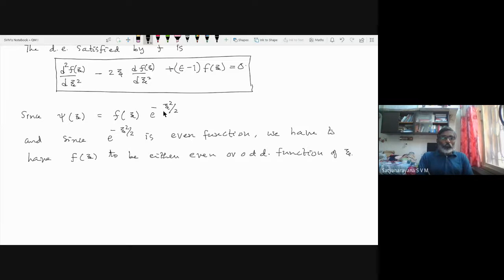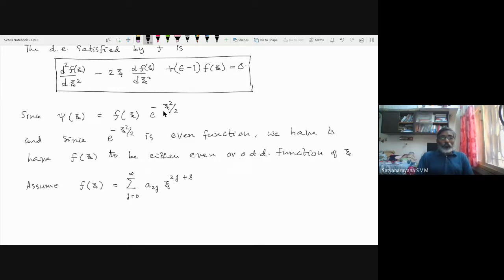Let's assume f of xi to be equal to the sum over j is equal to 0 to infinity a to j into psi to the power 2j plus, let's have some s here, psi to the power j plus s.